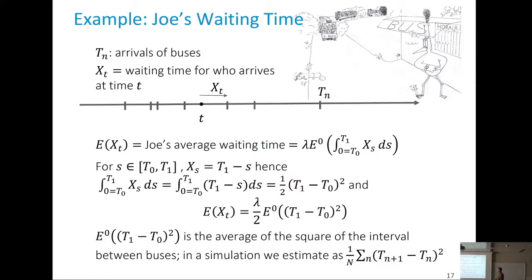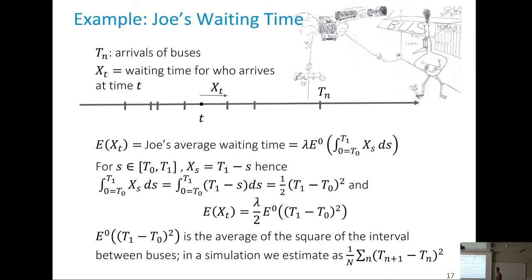If I integrate from t0 to t1, I obtain 1/2 (t1 minus s) squared, which gives 1/2 of (t1 minus t0) squared. That's the value of this integral. So if I plug the integral here, I obtain that the expectation of x of t is lambda over 2 times the Palm expectation of (t0 minus t1) squared.